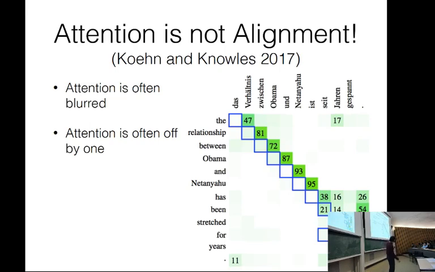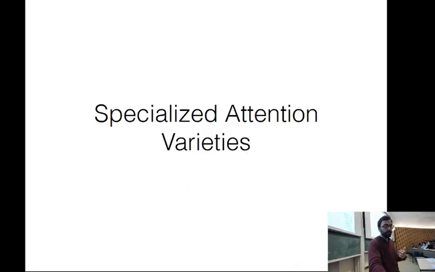So down here at the end, when you're generating the last words, you might want to be attending over a whole phrase, or the equivalent of a phrase, or a bunch of source words. Okay, so keep in mind that even though it was shown that trying to make the attention look like the old school alignments helped, attention is still not exactly alignment, and I don't personally think that it should be.